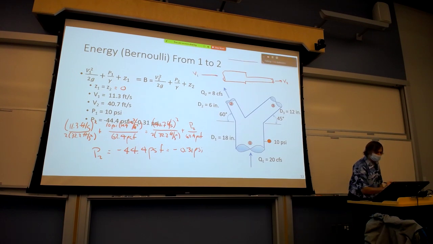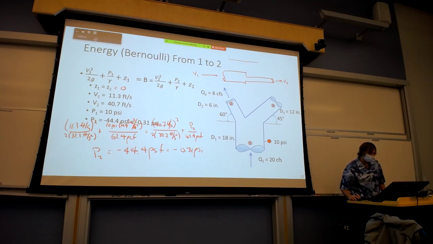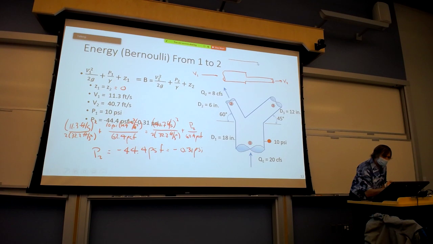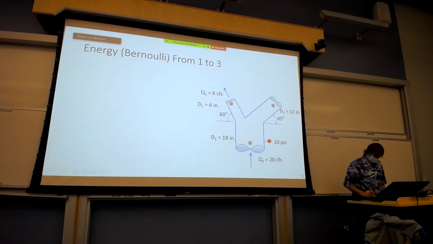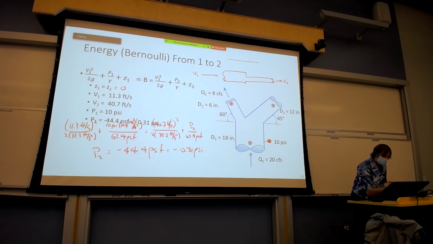So again, from the sketch that I did before, our energy grade line is here. And what happened was we went from a hydraulic grade line here to now the hydraulic grade line being below the pipe.